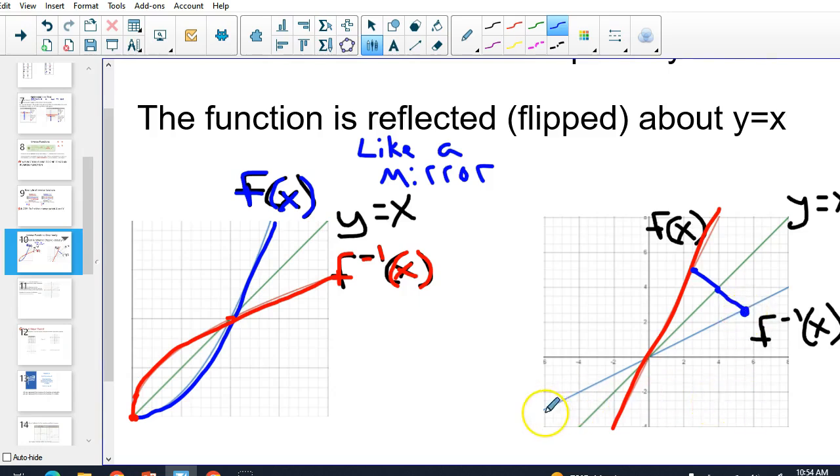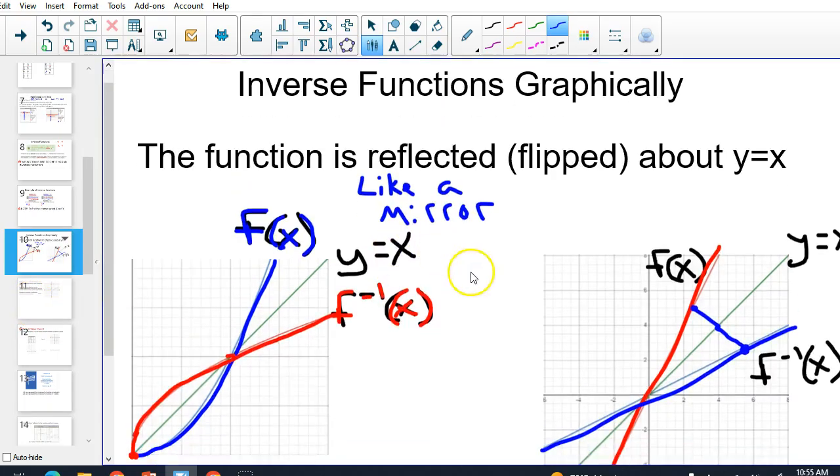It's like our red function is looking in a mirror back at the blue one. Just flipping across that y equals x axis. We're going to repeat this topic a little bit later. Just try to get it to sink in a little bit. But in general, to see inverses graphically, we're switching the x and y's, and what that does is it flips it across the y equals x axis.